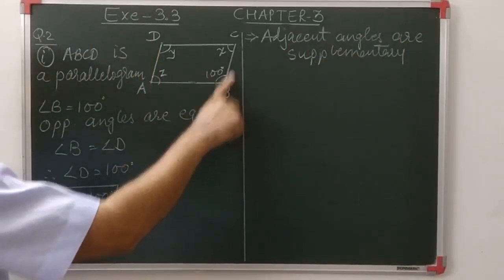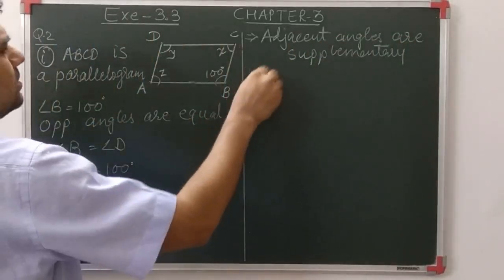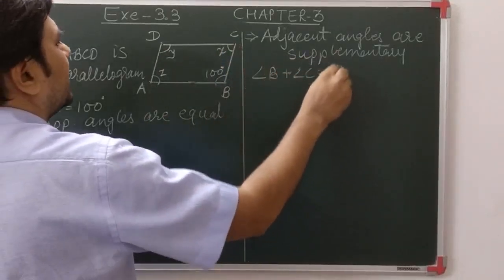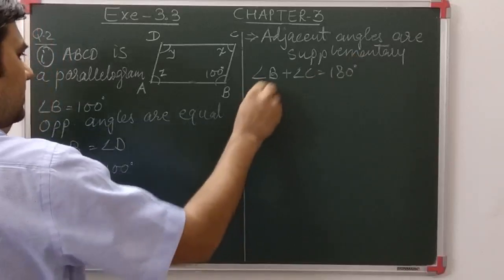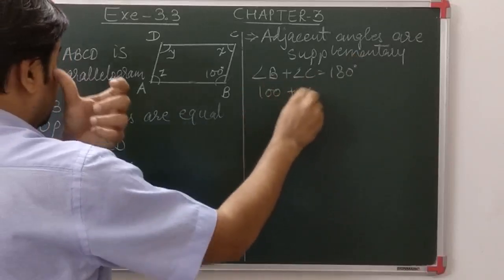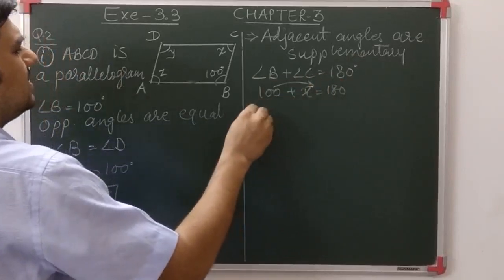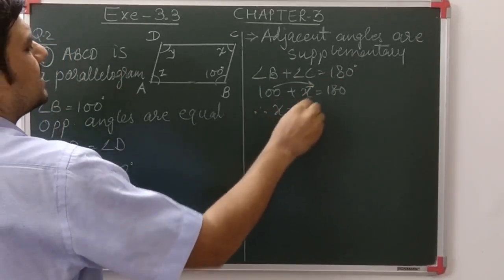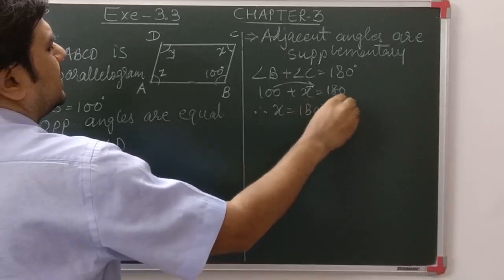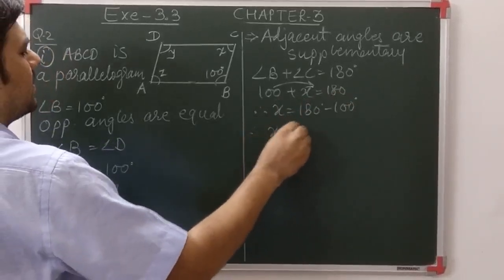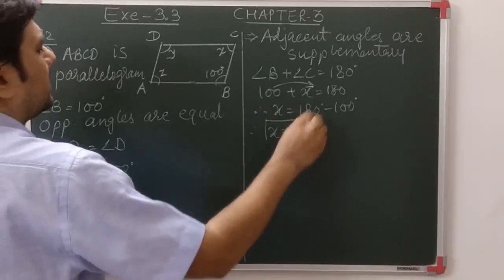We can say Z as well as X. So we can say angle B plus angle C equals 180. Angle B is given 100 and C is X. I will take this 100 to the right hand side. So we will obtain X equals 180 minus 100 degrees. So what value of X do we obtain? 80 degrees. So X also we obtain.